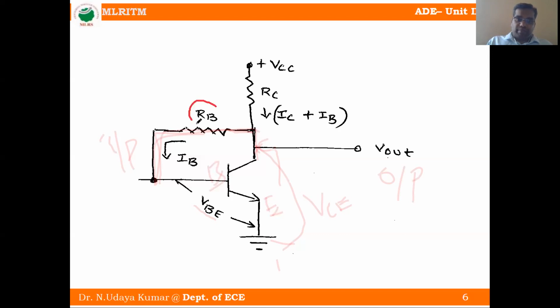This is the base resistance, this is the collector resistance, and this is the collector DC source. Both collector current and base current flow through RC, then the base current divides: base current flows through RB and collector current flows through RC. First we identify the input current, IB, and the input voltage, VB. The output current is IC plus IB, and the output voltage is VC.